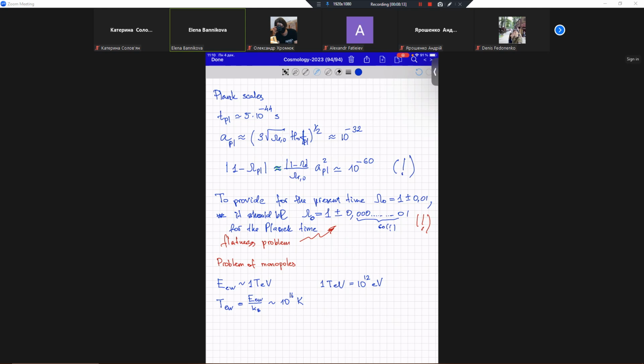In any case, we can use it, suggesting that we are on a scale larger than the Planck scale, and we can use the expressions which we obtained through the solution of the Einstein equation. First, we need to find the relation between temperature and cosmological time. To do it, we first find the relation between temperature and scale factor, which will be useful for us. For this we just need to write the energy density.